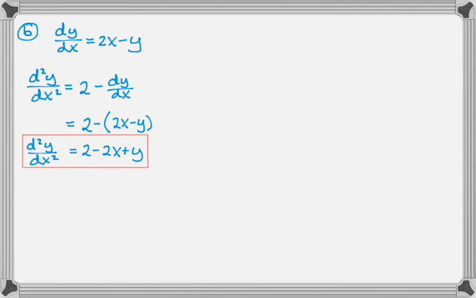Alright, so this question has an added part that asks us to find concavity of the solutions in the second quadrant. So think about the second quadrant, and you know that x is less than 0 and that y is greater than 0. And knowing those two things is a useful combination, because if x is less than 0, then looking at the second derivative, negative 2 times a negative number is a positive number, and y is greater than 0, so y is a positive number.